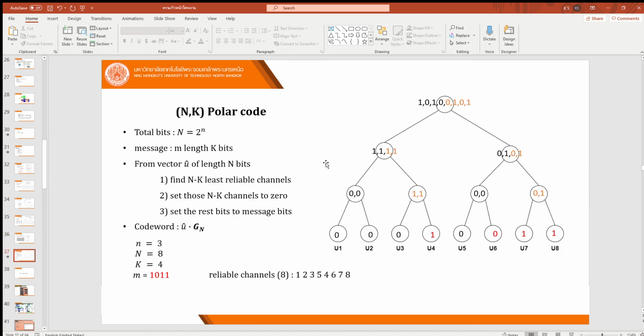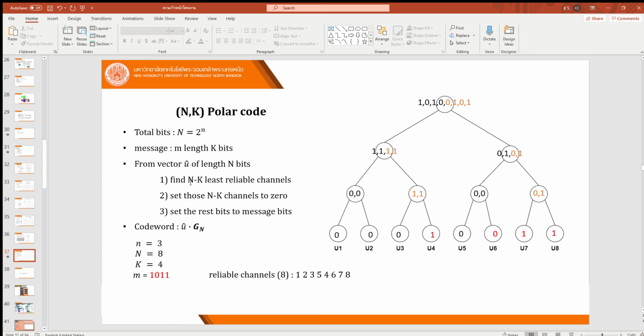Then you do the polar code for the N, K polar code. This is how you're going to use the number of bits. For example, if you have the number of bits N equal to 2 power n, and you have a message m of length K bits, you have a vector u of length N bits.